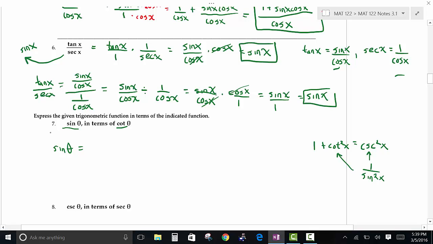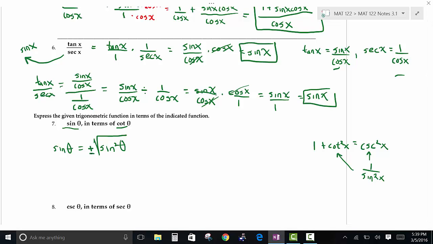But this is only a sine of theta. So what I'm going to do is I'm going to use a clever trick on this. I'm going to say, well, I could change this to sine squared theta as long as I'm doing the square root of it. And then I got to have a plus or minus because I've got to encompass all of the different signs that you would have in the different quadrants.